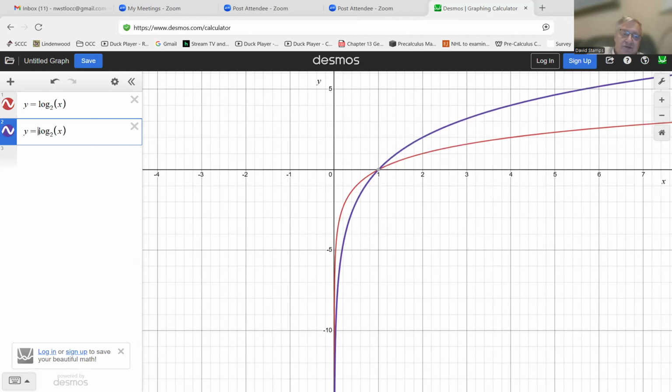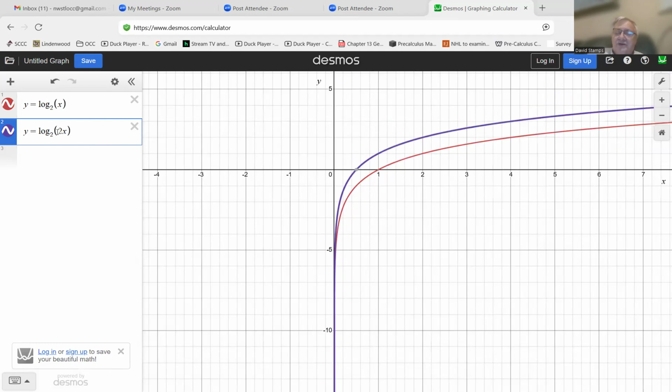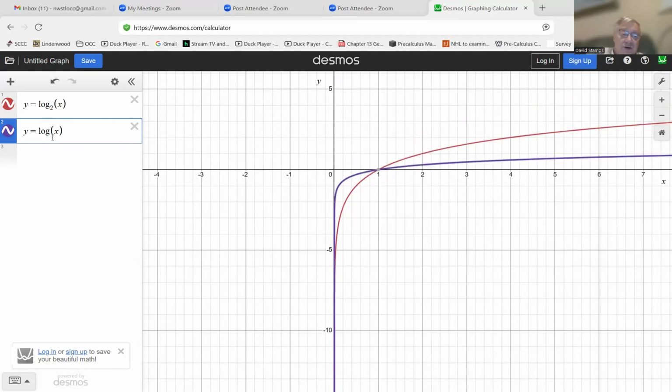If I put a 2 in front of the x, it makes it closer to the vertical axis. And boy, that is an easy thing to get confused. So multiplying the x value inside by something bigger than 1 will take the red graph and put the points closer to the vertical axis. If I multiply by a number that's less than 1, it would move the points away from the vertical axis.